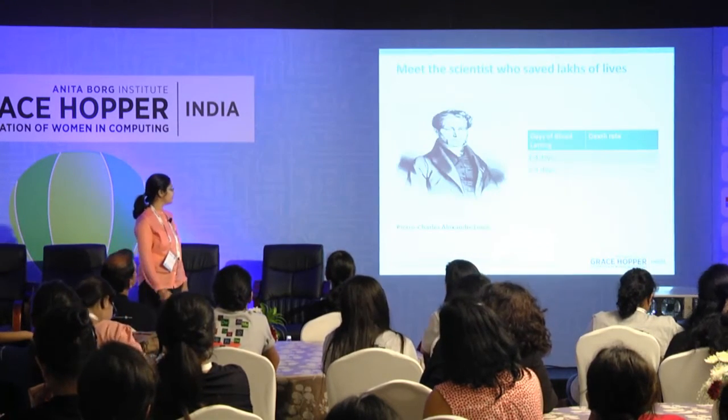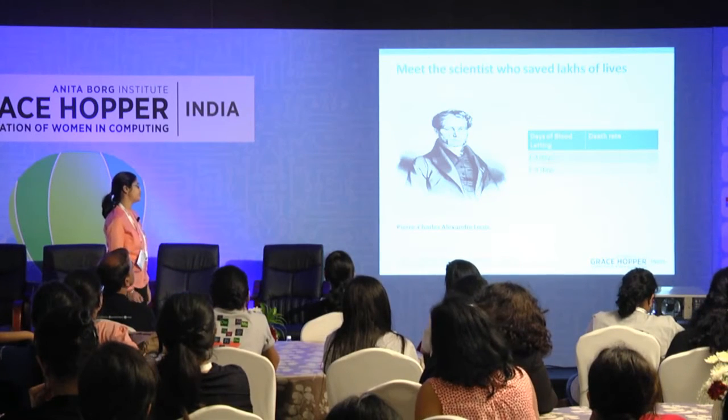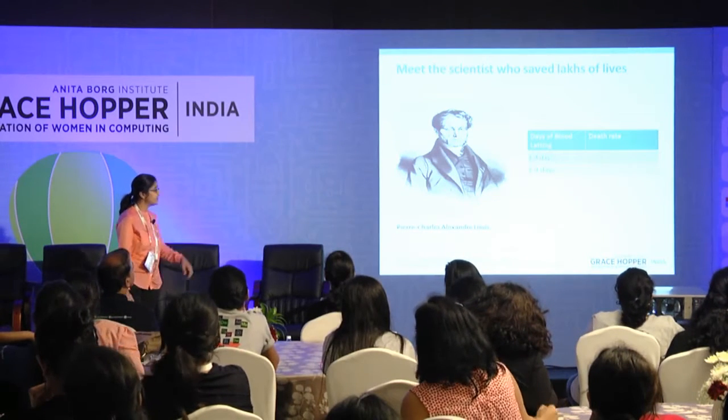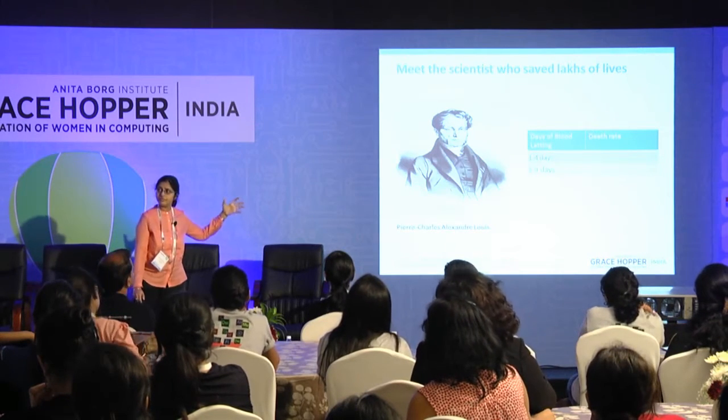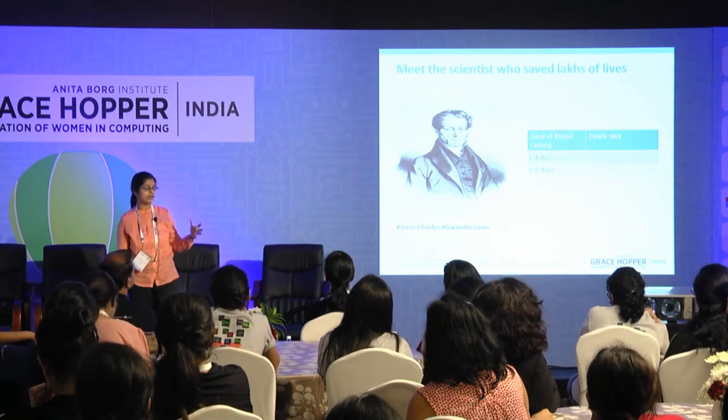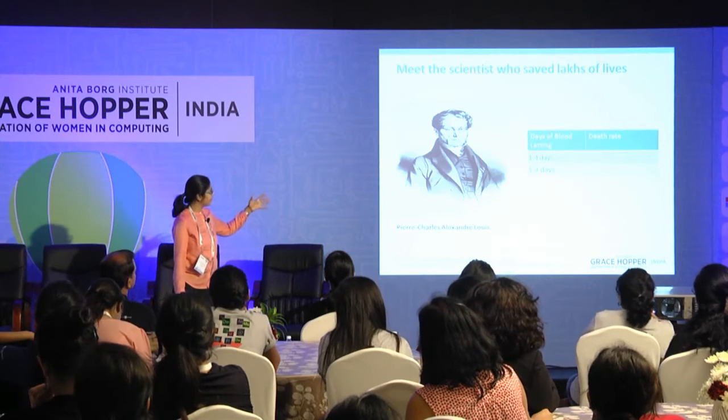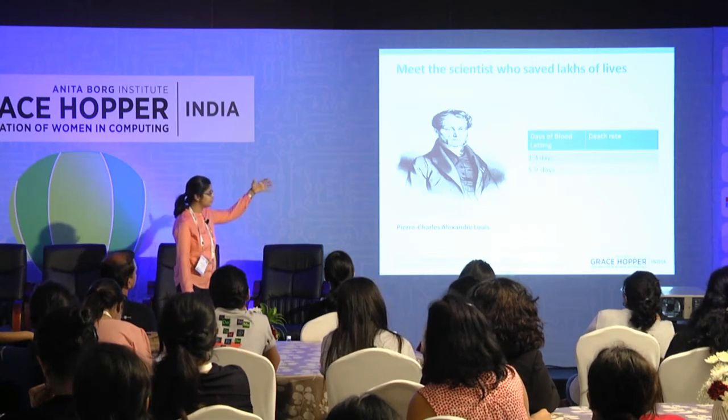So now enter the scientist Charles Louis, right? What he did was he did an experiment. Imagine, way back when anybody thought of using experimentation in the clinical area, right?